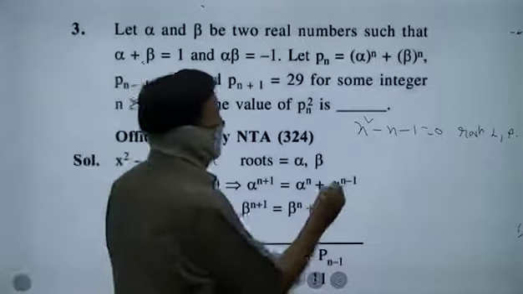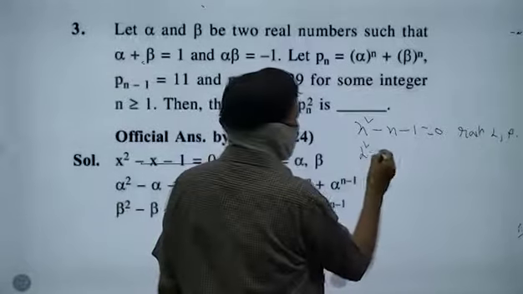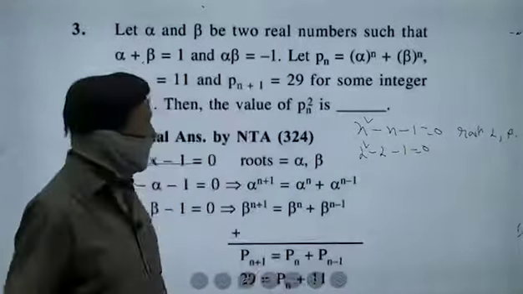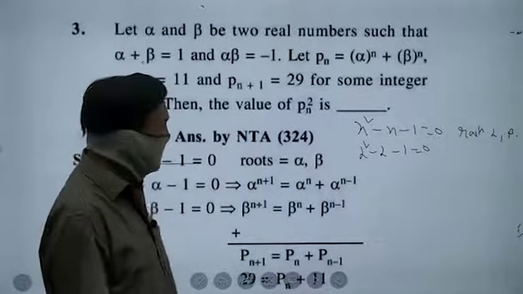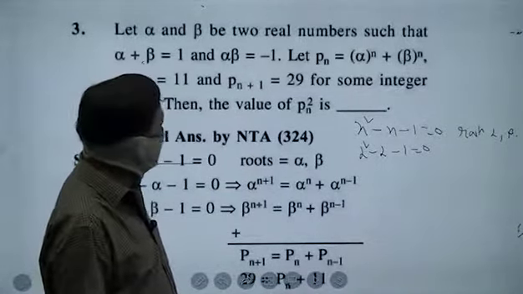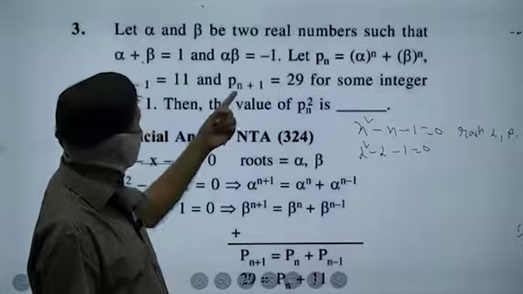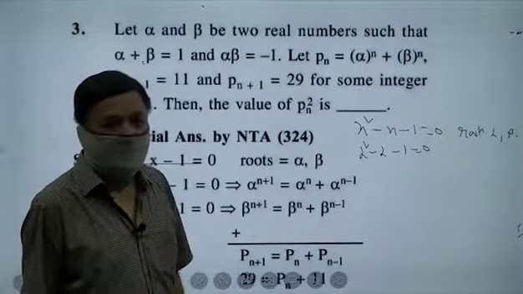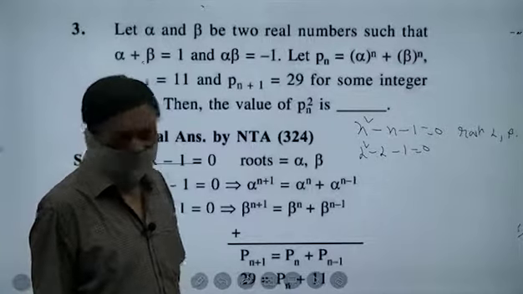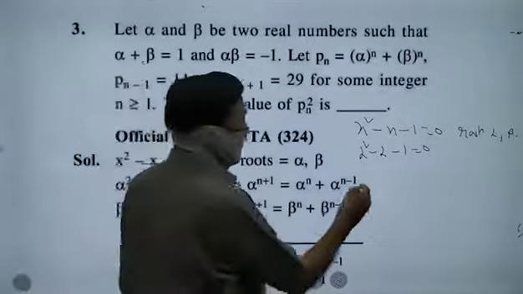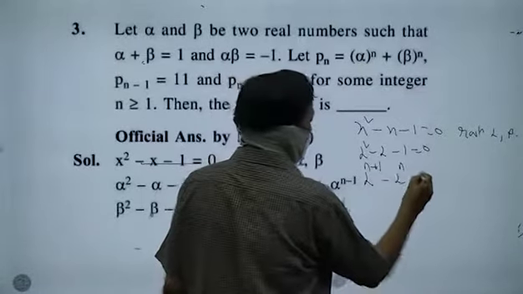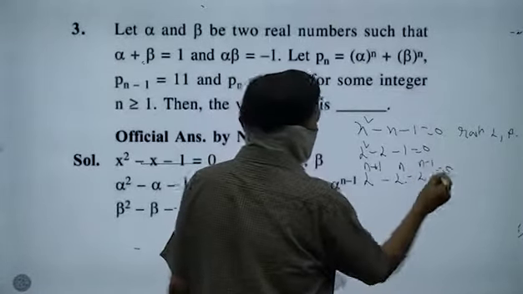Now, alpha square minus alpha minus 1 is 0. You multiply with alpha to the power of, you require what? n plus 1, n minus 1 is given, so alpha to the power of n minus 1. Then you will get alpha power n plus 1 minus alpha power n minus alpha power n minus 1 is 0.